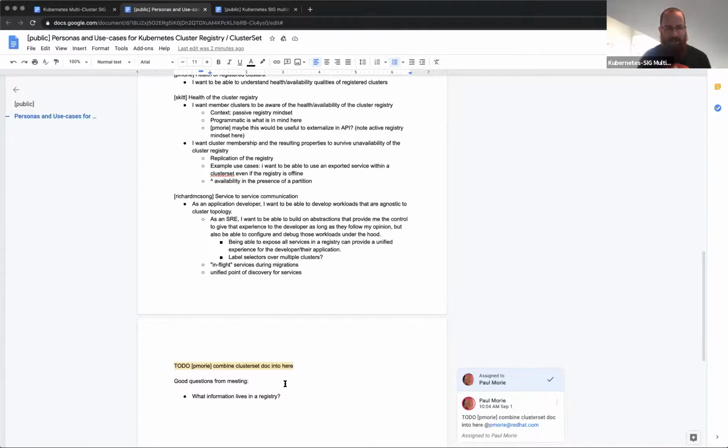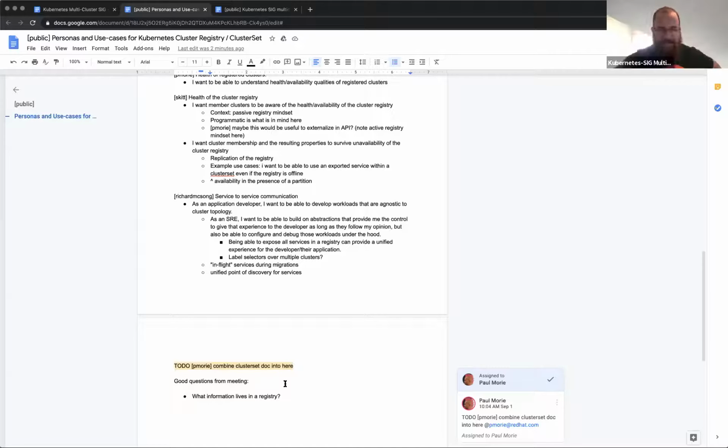Maybe we should think about what information lives in a registry, or maybe the wording that I would use is, what information would I like to be able to derive from a registry? If that slight difference makes sense.